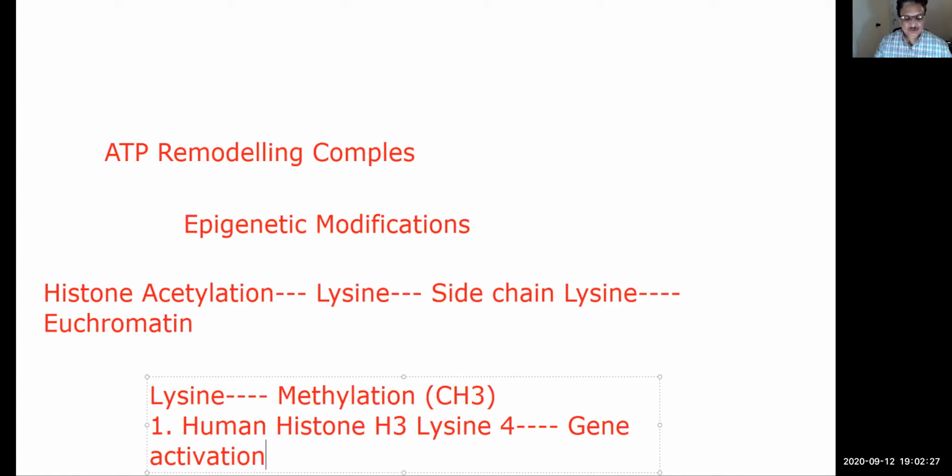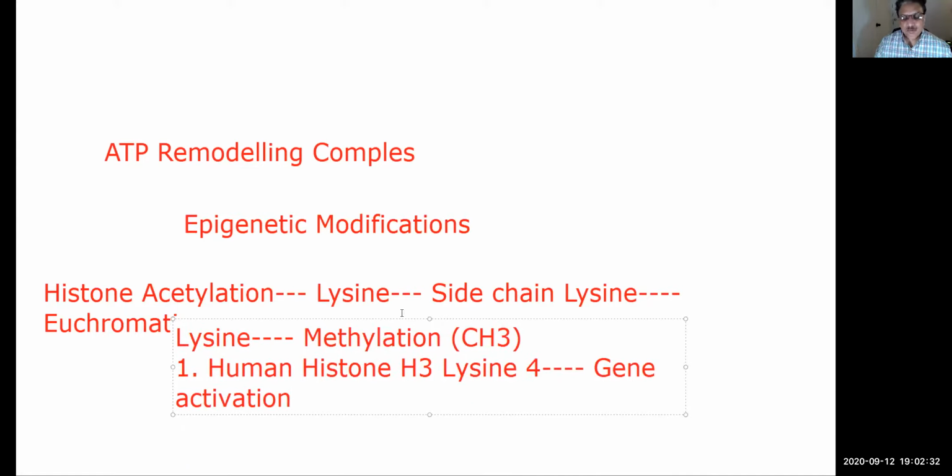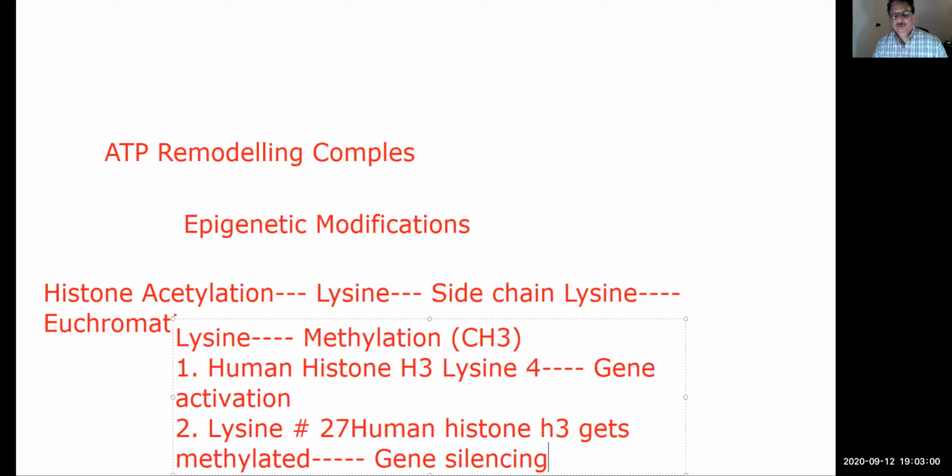Just like acetylation. So euchromatin is associated with gene activation, transcription. The second situation is that if lysine number 27 on human histone H3 gets methylated, it leads to gene silencing, meaning heterochromatin formation.